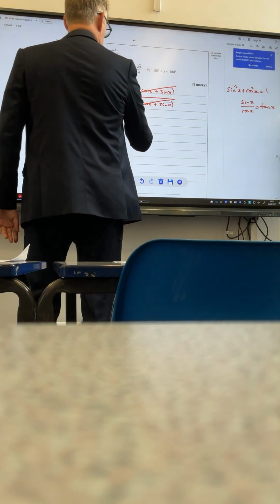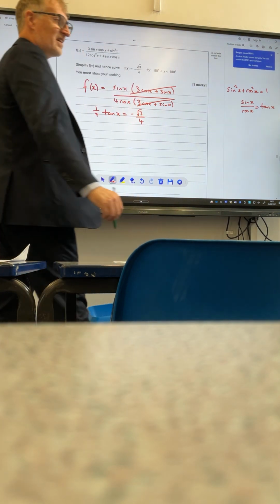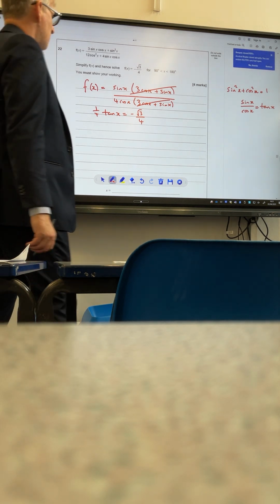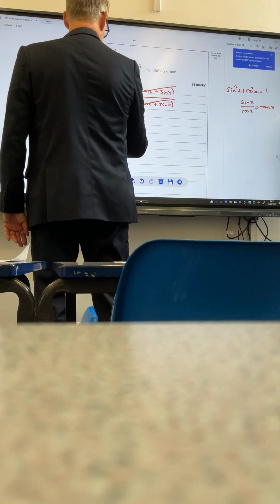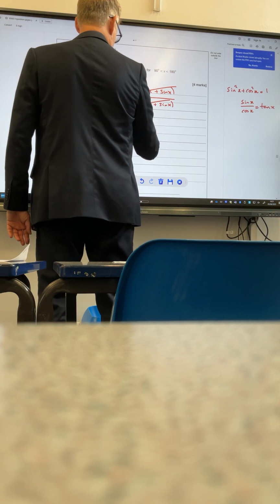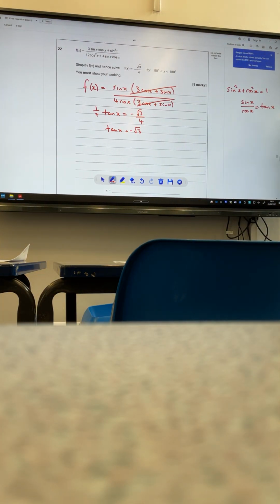And that apparently is minus root 3 over 4. It's a non-calculator paper, so this must involve some nice trig values. So, times by 4 both sides, don't we get tan x equals minus root 3? Now, it depends on what you've been taught.